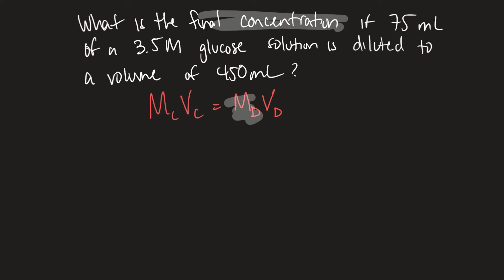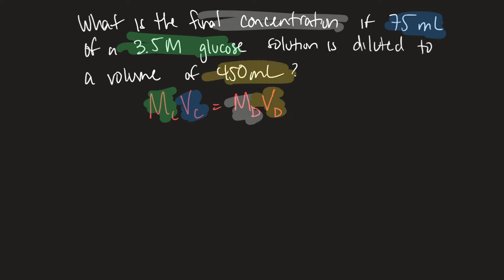I could clearly see already that this is the volume of the concentrated solution. This is the molarity of the concentrated solution, because it's telling you the 75 mL of a 3.5 molar glucose solution, and then it gets diluted to a volume of this much.